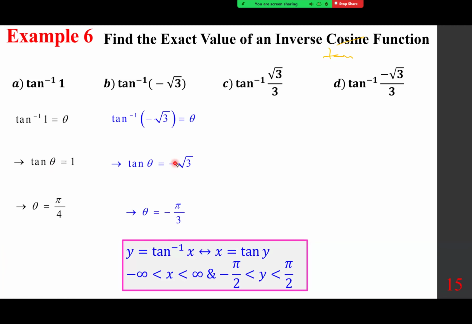Just like sine, conceptually, when it comes to finding the answer, there's a unique answer. Set this equal to theta, and by definition, tan of theta must be this number, square root of 3 over 3, and you know it to be pi over 6.